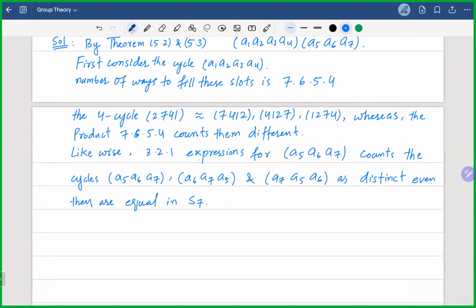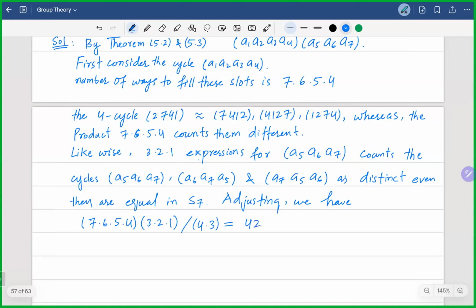Adjusting for the multiple countings, we have 7.6.5.4 and 3.2.1 divided by 4.3, which is nothing but 420 elements of order 12 in S7.